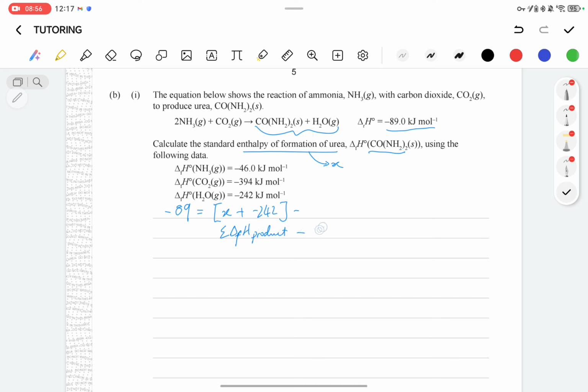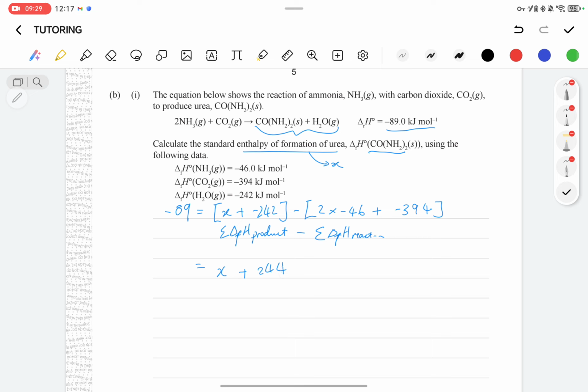Then I have to take away the sum of the enthalpy of formation for the reactants. This would be 2 times the NH3, which is 2 times negative 46, plus the formation of CO2, which is negative 394. Let's do some math here. So this simplifies down to x plus 244.